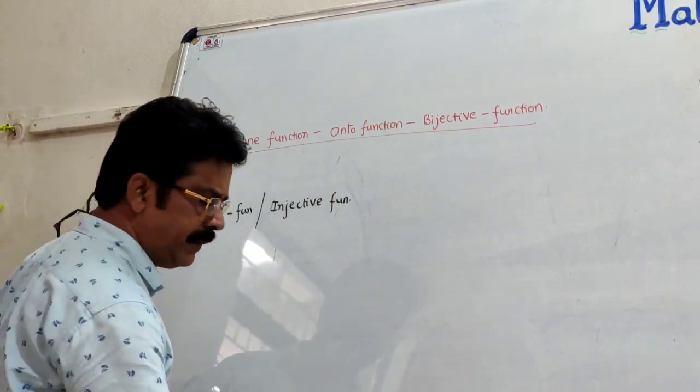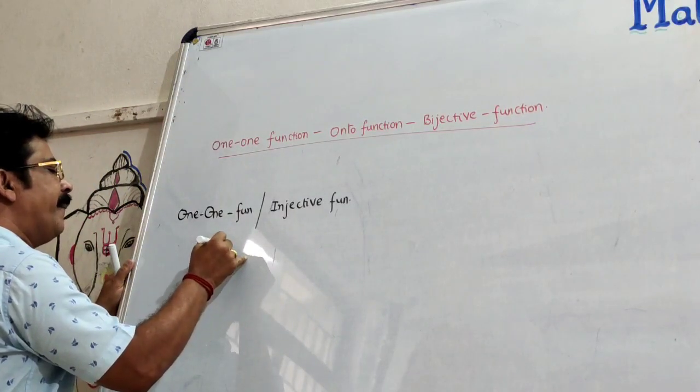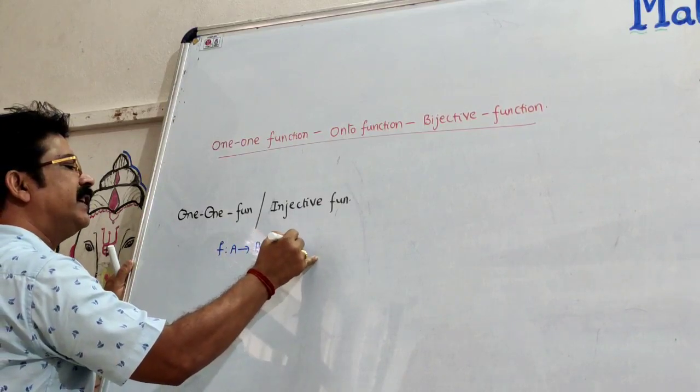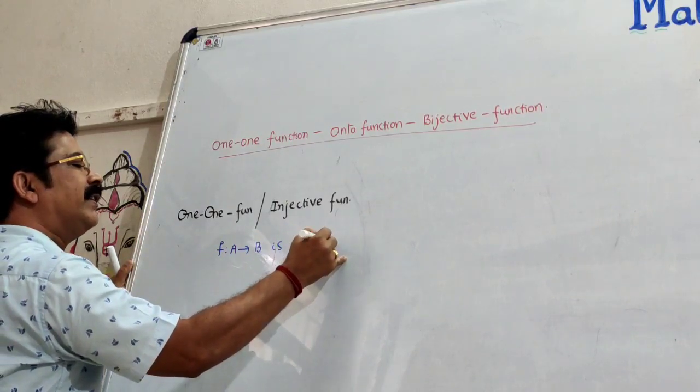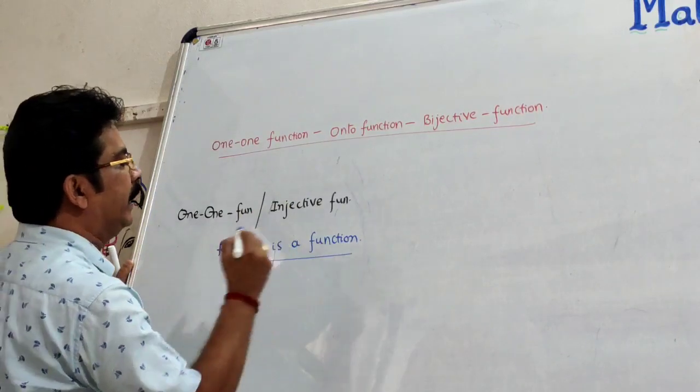One-one function means, listen, for example, f from capital A to B is a function. It is a function, not a relation, a function. Okay.